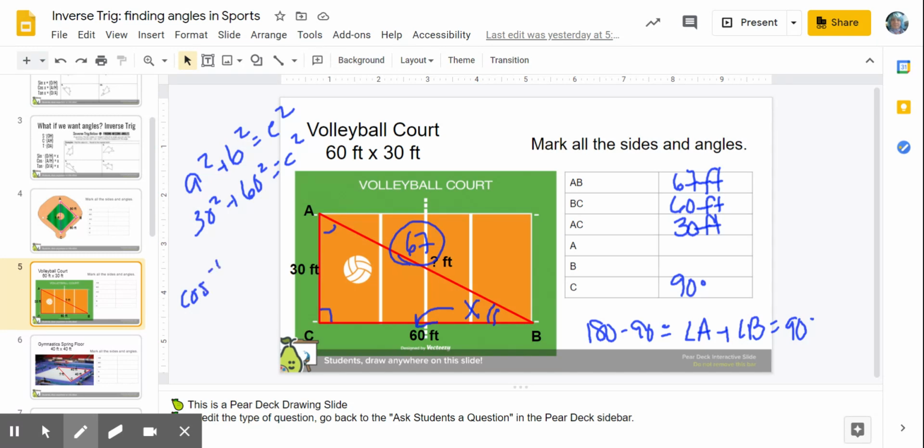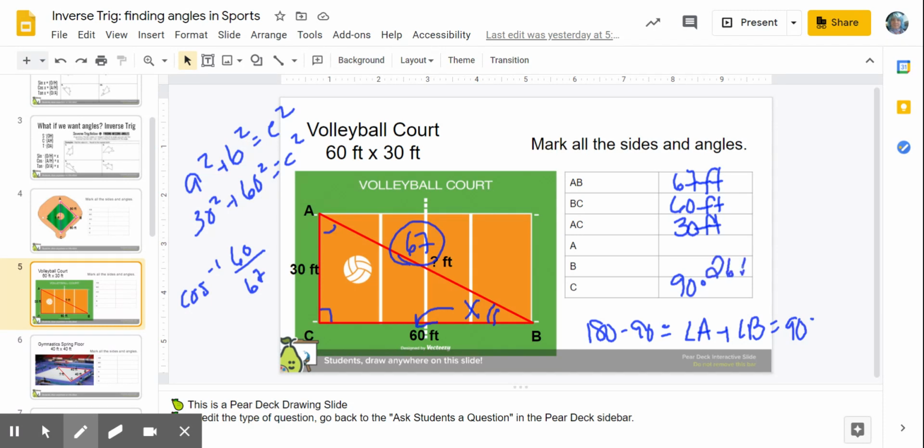So inverse cosine is going to be 60 over 67. Can somebody confirm that? What do we get? We get 26.4. That's what I got.